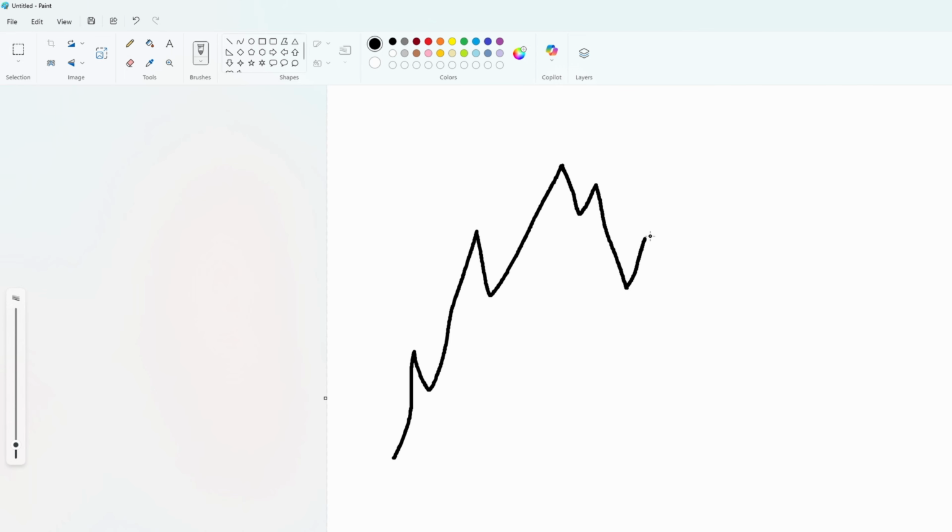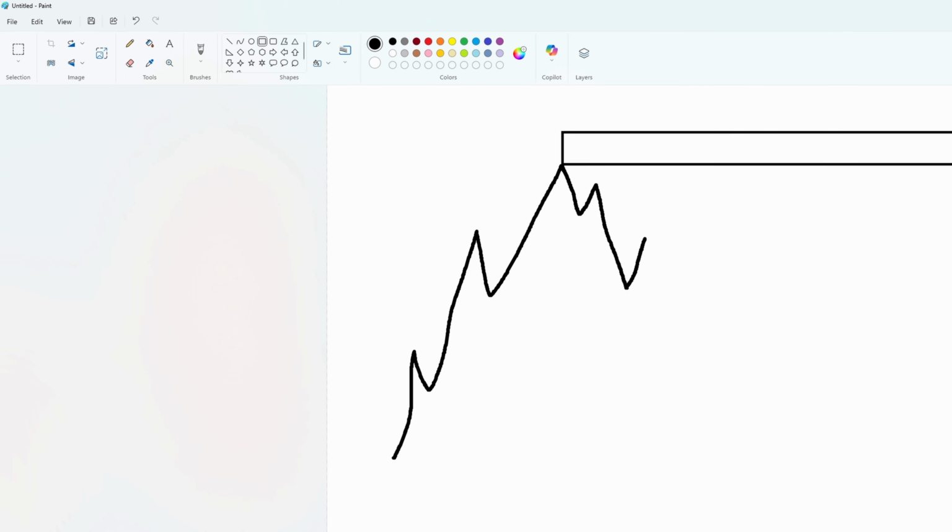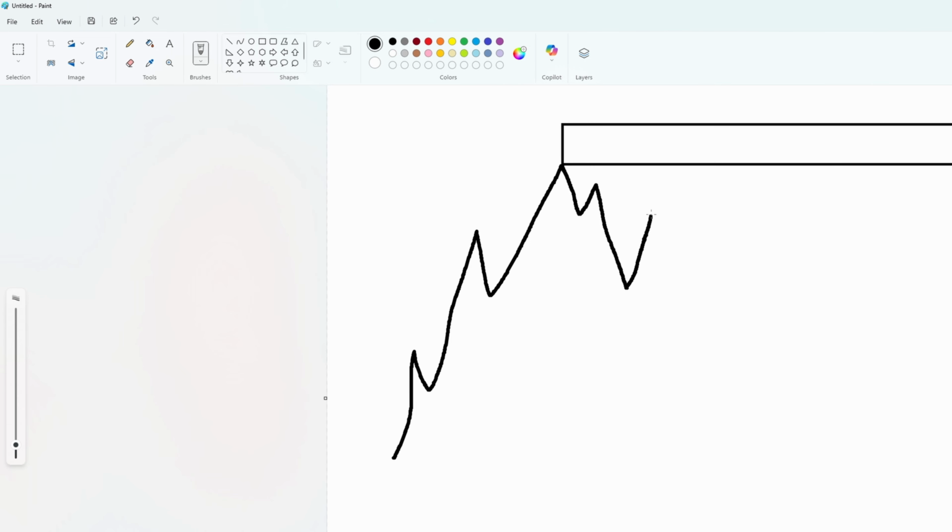So you want this to come up. This up here is going to be a supply zone, okay? Different than a demand zone, same concept. You want this to come up, retest in here, okay? You want it to come up, retest, and then come all the way back down.